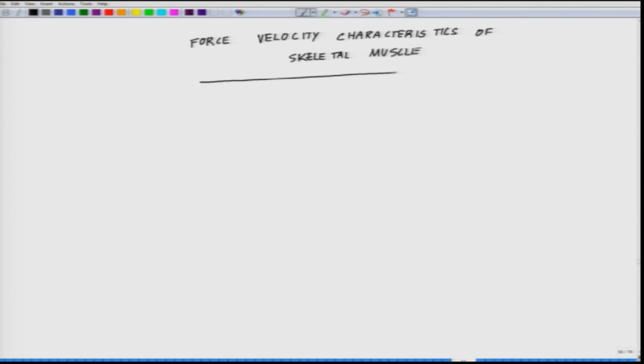Okay. If you look at the force velocity characteristics, it is essentially the force generated by a muscle against the resistance against which the muscle contracts.